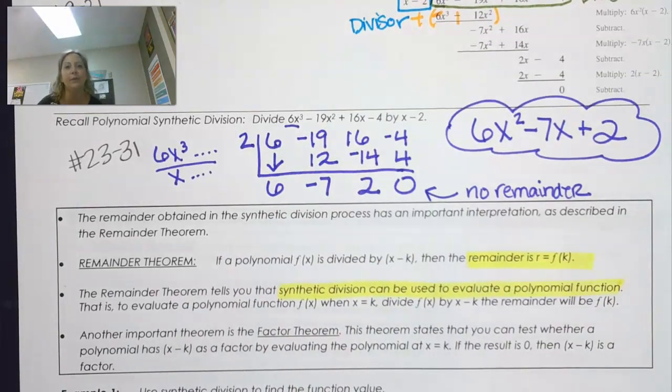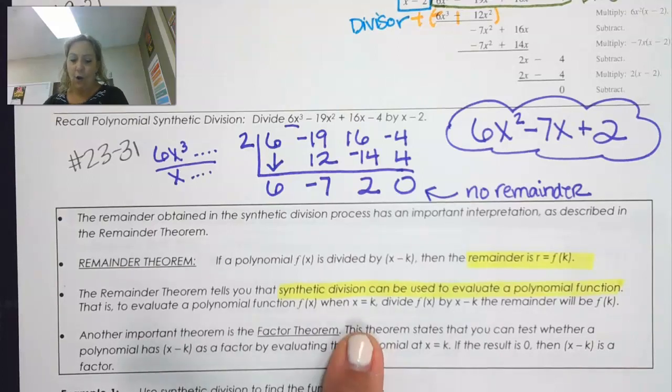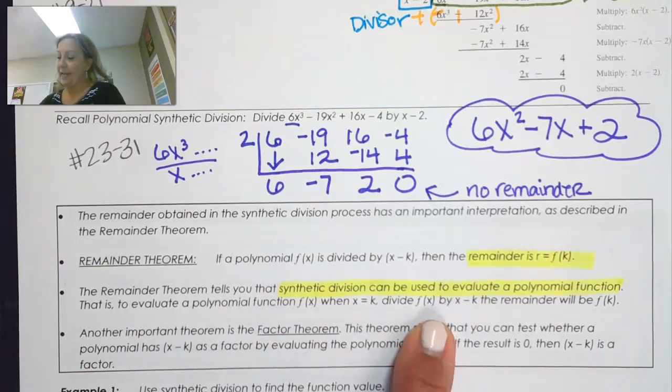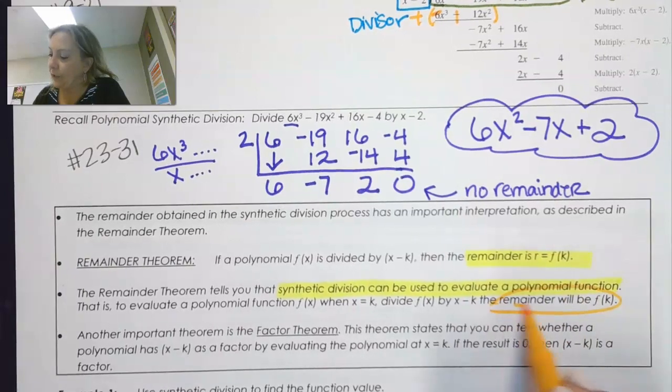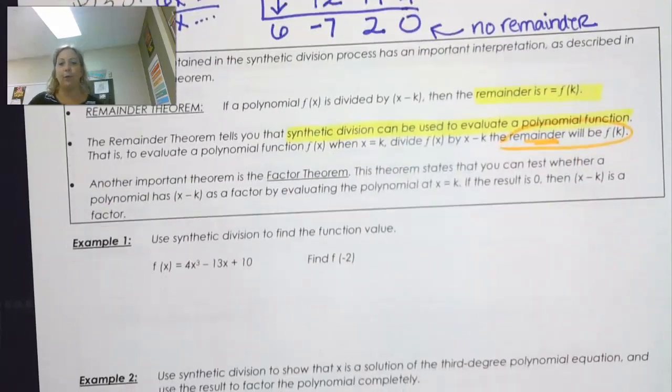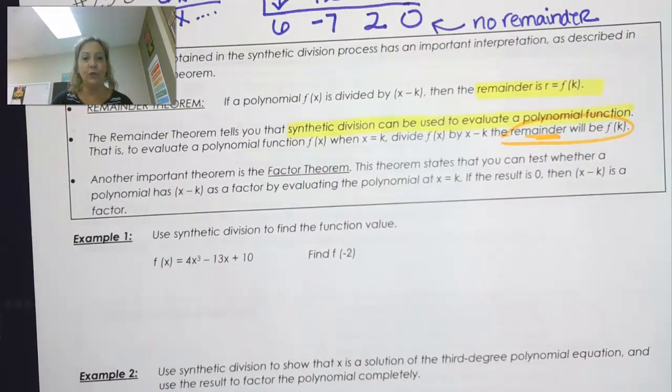That means that to evaluate f of x when x equals k, all we do is divide f of x by x minus k, and the remainder will be f of k. Let's do that in this example 1. This says to use synthetic division to find the function value.